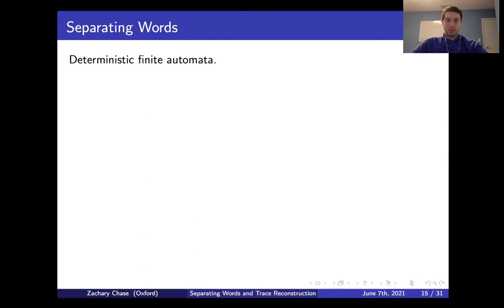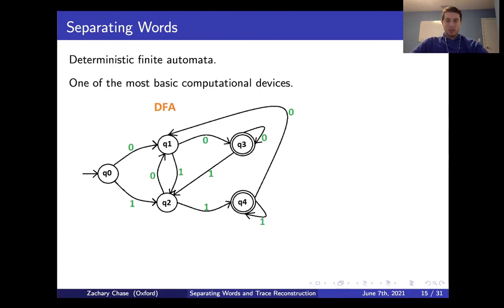Okay, so now let's talk about the separating words problem. Deterministic finite automata are the object to study, and it's one of the most basic computational devices. So here's an example of a DFA. You have a bunch of states, q0, q1, q2, q3, and q4. You have a start state, which is q0, and you have accept states, which in this example are q3 and q4.